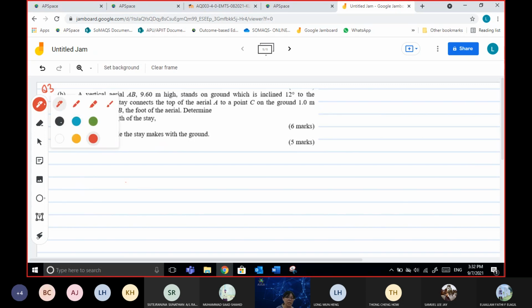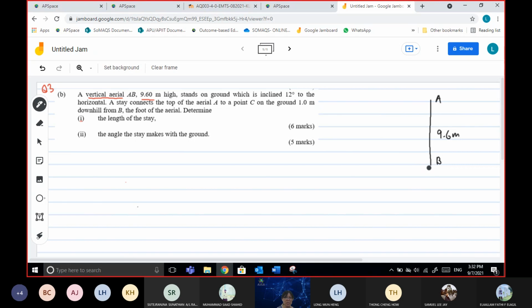Okay, so now let's draw it out. What is the problem that we have right here? The pole is vertical with this height, 9.6 meters, and they write it as AB. It stands on the ground, which is inclined 12 degrees to the horizontal.